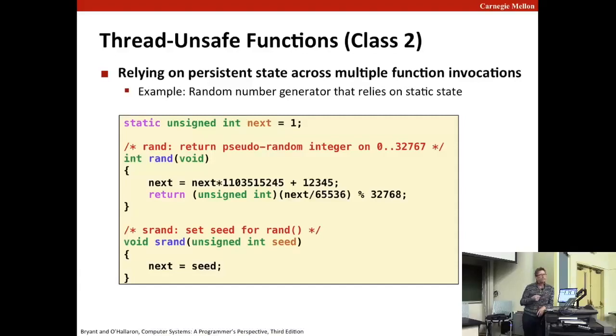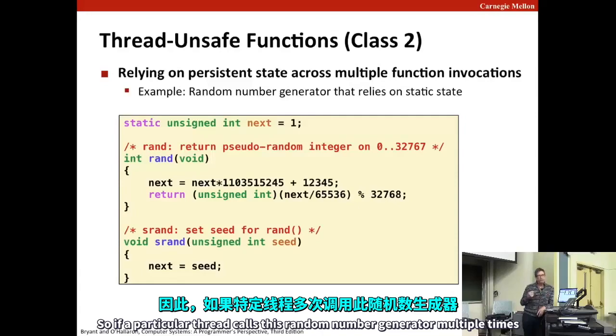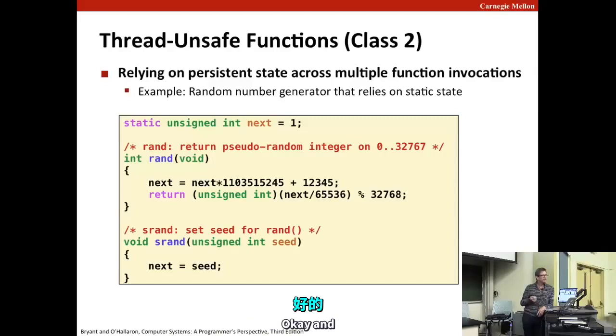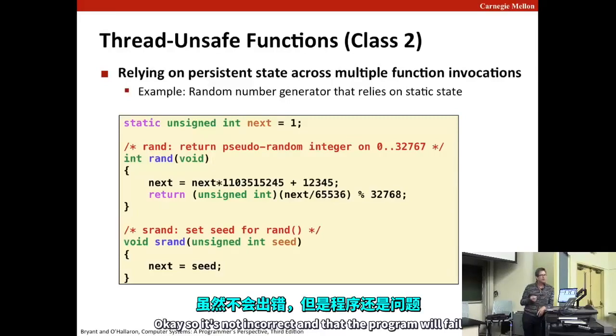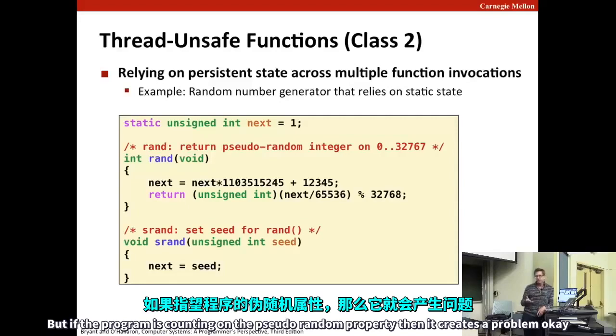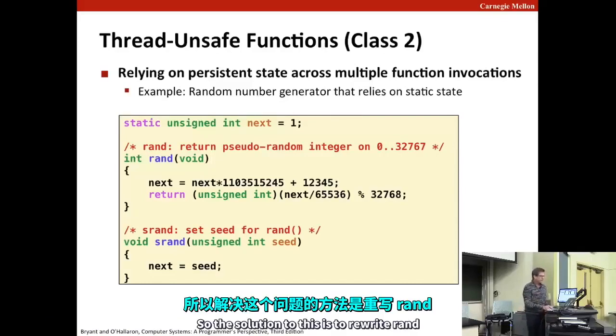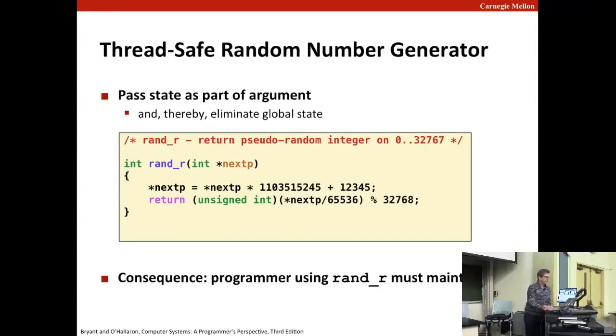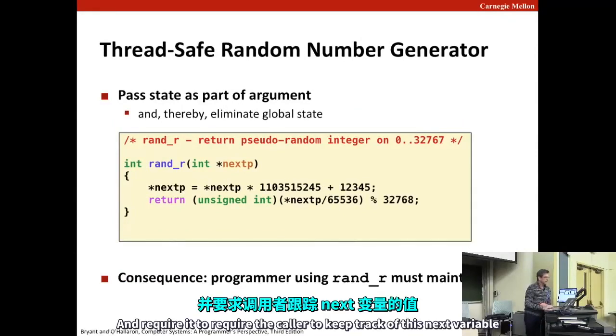So if a particular thread calls this random number generator multiple times, it potentially won't see the same sequence of pseudo-random numbers, because other threads will be jumping in. It's not incorrect in that the program will fail, but if the program is counting on the pseudo-random property, then it creates a problem.